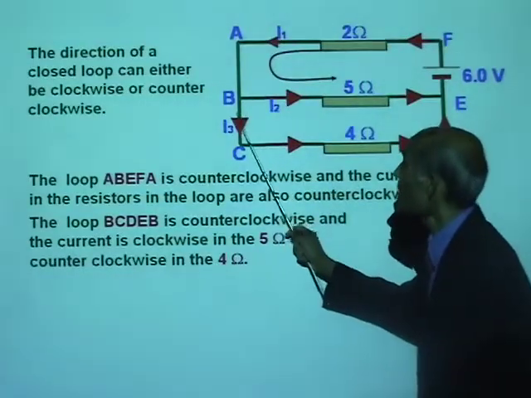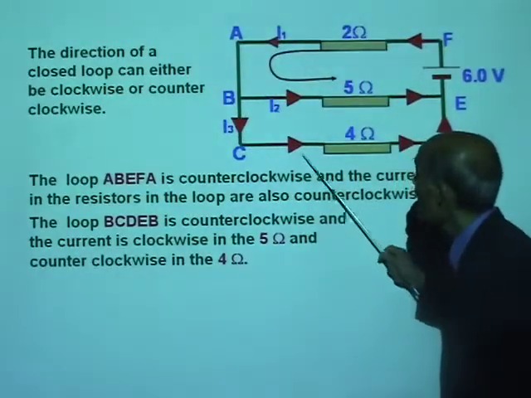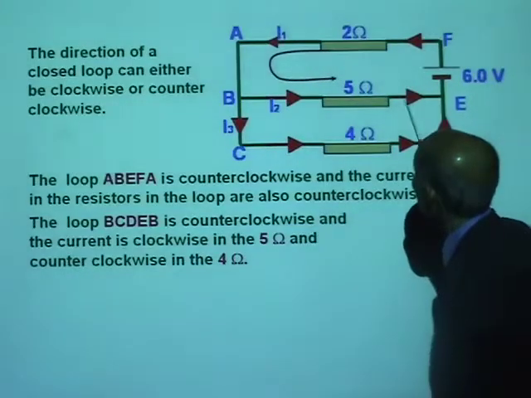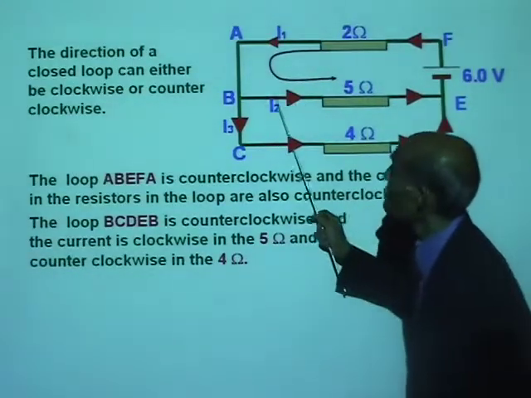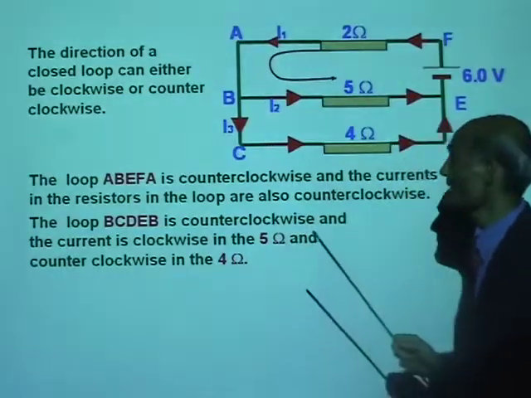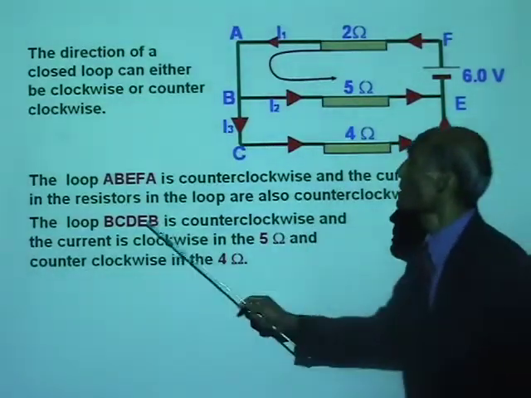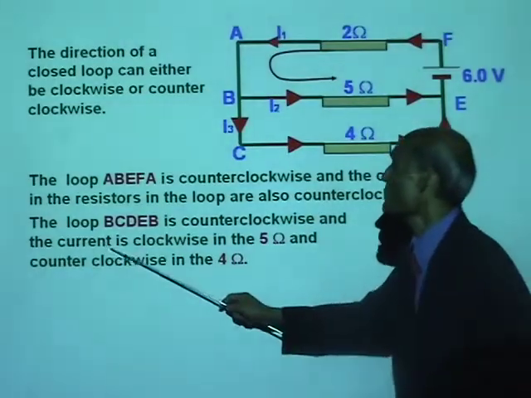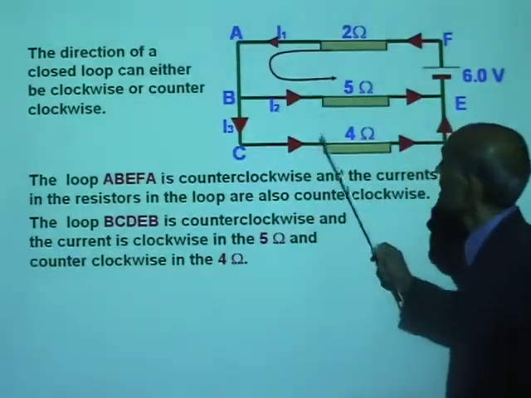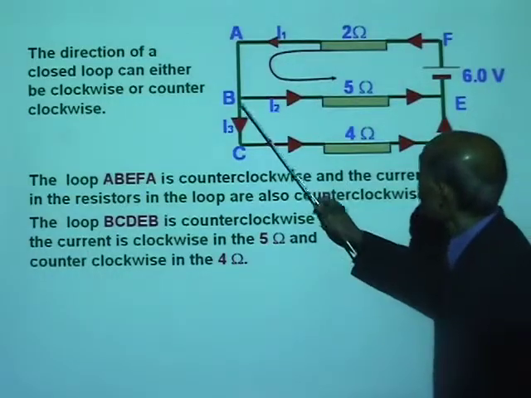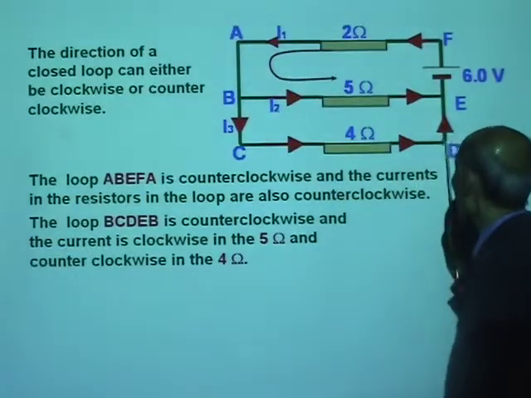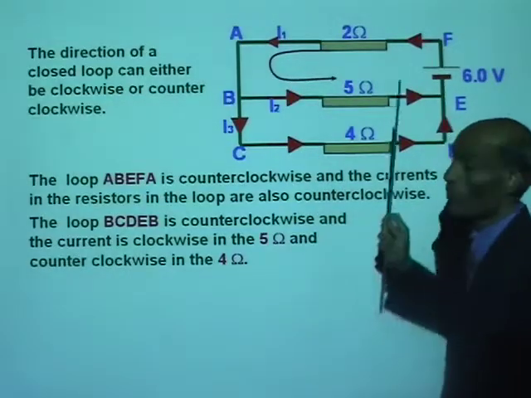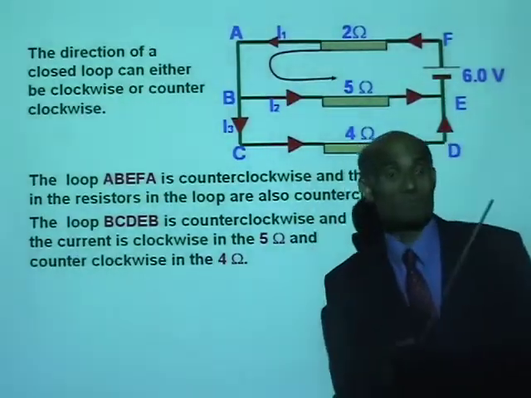The current I3 is in the same direction, but the current I2 is in the opposite direction of the loop. So BCDEB is counterclockwise and the current is clockwise. The current is clockwise in the 5 ohm and counterclockwise in the 4 ohm. The currents are in opposite directions.